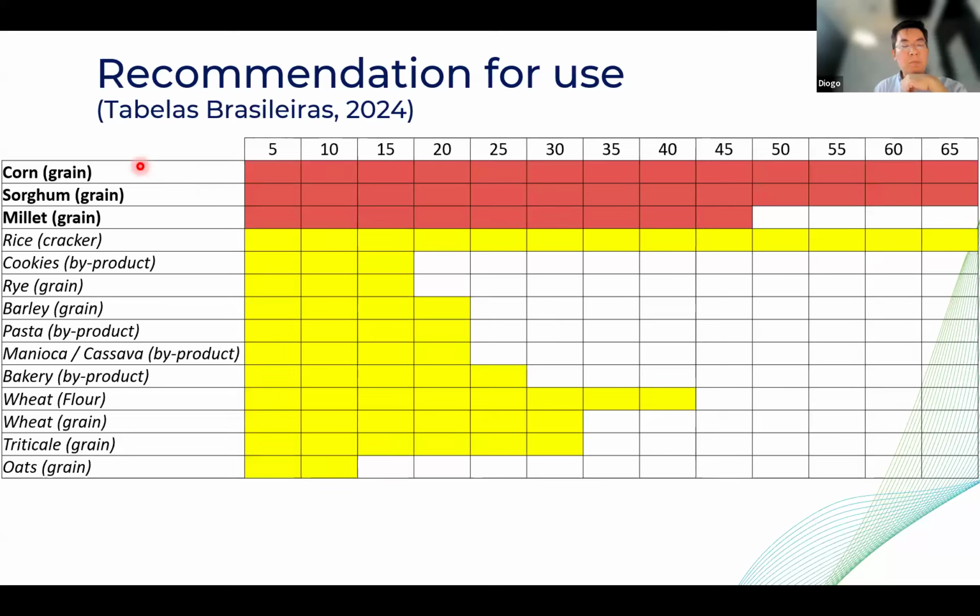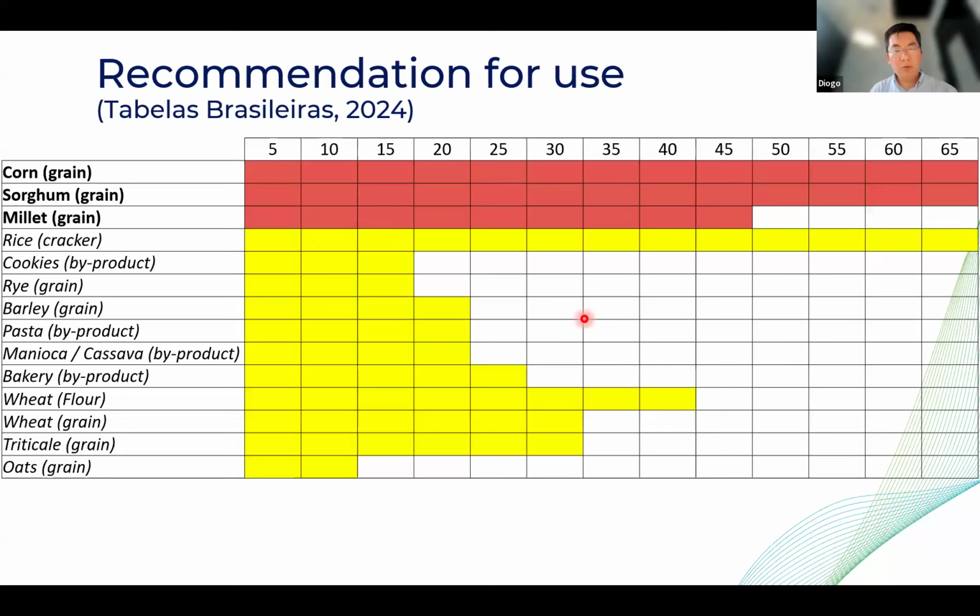We have the most known ingredients like corn, maize, sorghum, millet, and the possible alternative ingredients. Mainly, all the alternative ingredients can only reach one third, 50% of the traditional or reference ingredient.